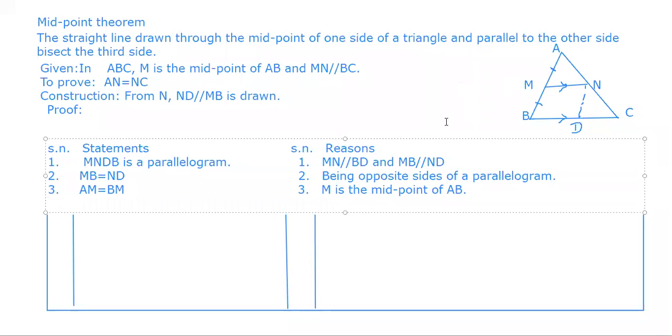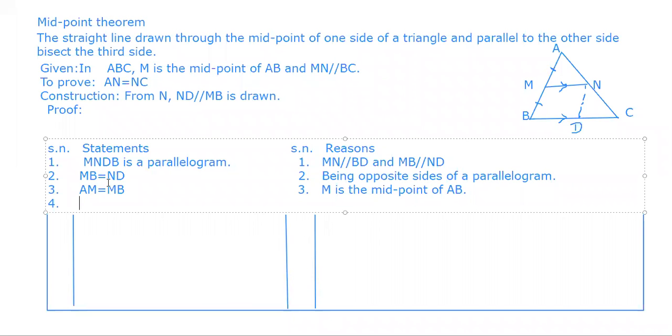Now from here, this MB is ND. Let's write here also MB. From statements 2 and 3, we can write AM and ND are equal, because this is also MB.